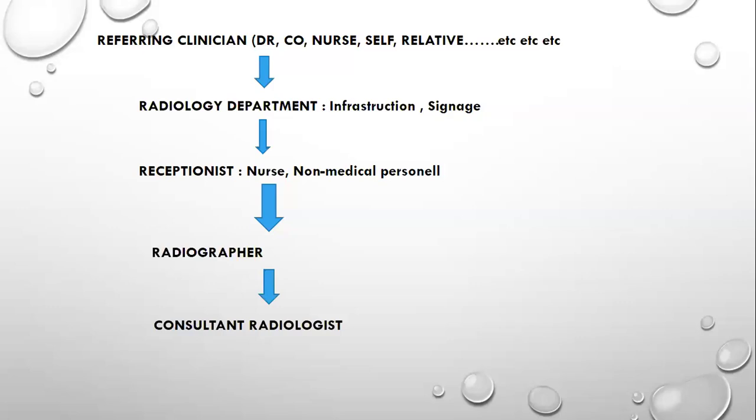We have self-requests from patients. We have even relatives who tell a patient to go and ask for a chest X-ray or go and ask for a CT scan, it will help in this and that. So we have referrals from all manner of people. There are no set guidelines on who is supposed to refer.